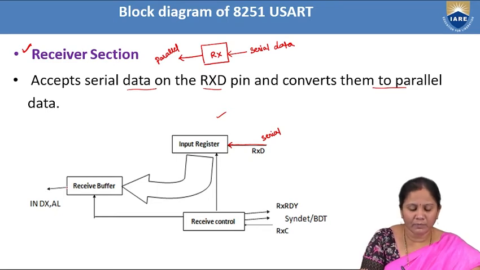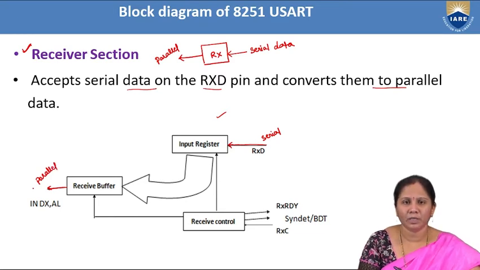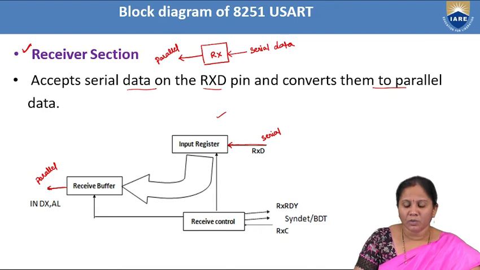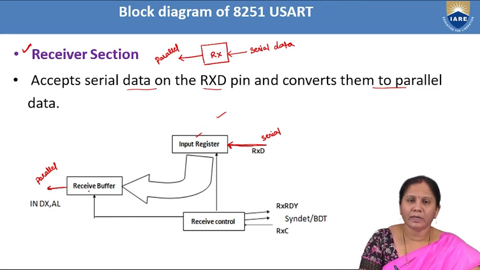This serial data will be converted into parallel data, and this parallel data will be given to the CPU, that is the microprocessor. Whatever serial data comes in will first be kept in this input register. After performing the conversion, the converted data will be taken by the receiver buffer and given to the CPU in parallel form.